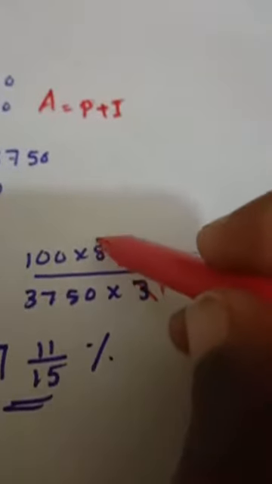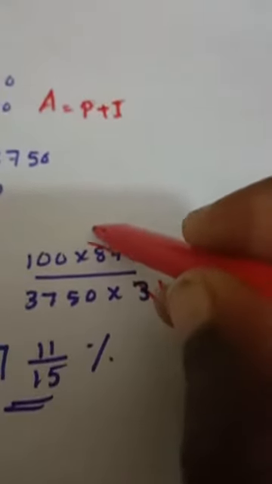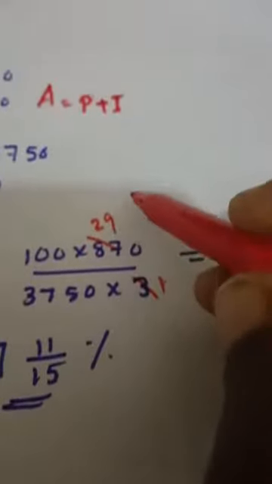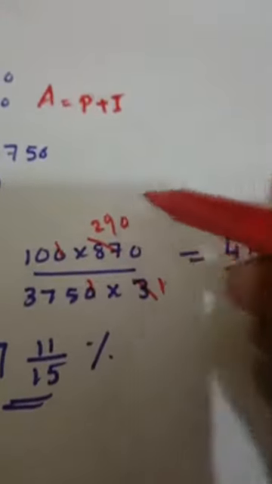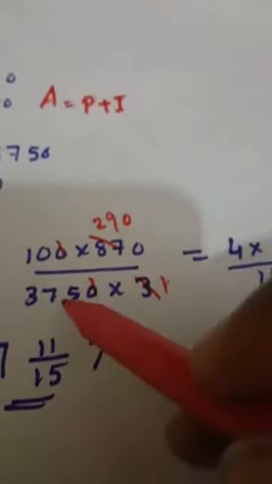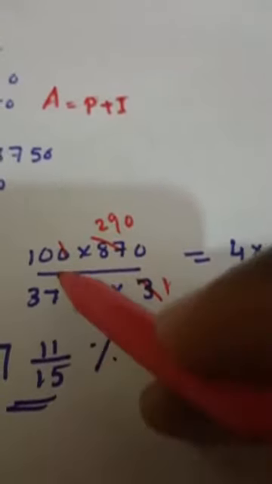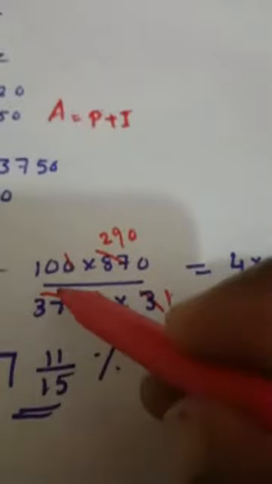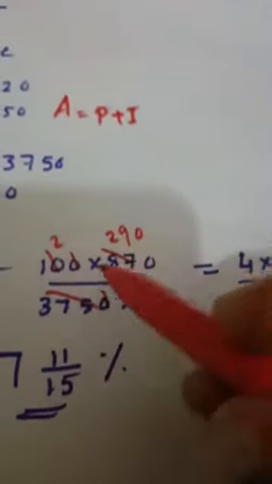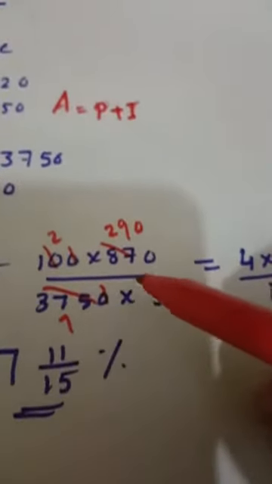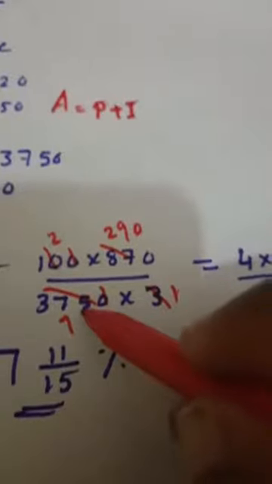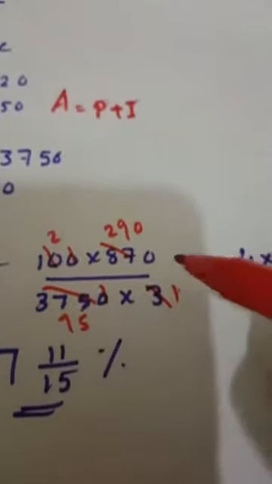1 3 is 3, 2 3s are 6, 9 3s are 27, so 290. Now this 290 and this 375. Before that 10 is cancelled. 1 5 is 5, 2 5s are 10, 7 5s are 35, 5 5s are 25, okay, 75.